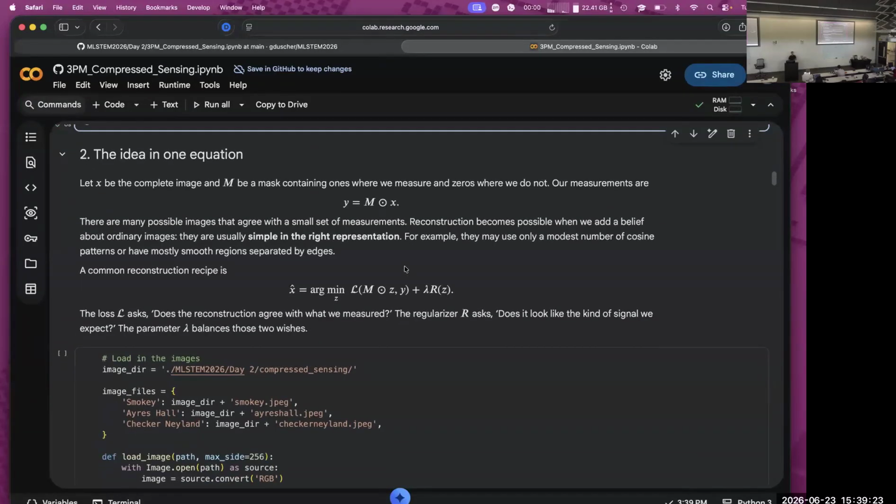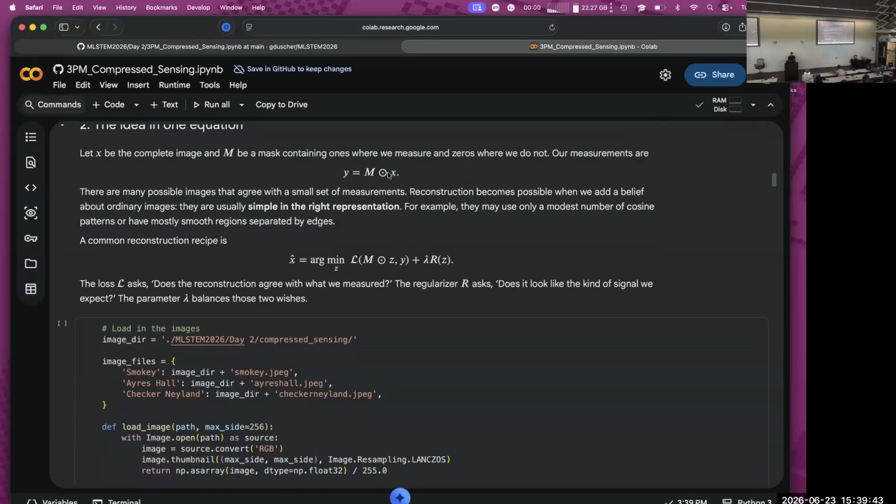So the whole idea of compressed sensing mathematically is wrapped up in just a couple equations, really. You have some measurement, y, that's defined by some ground truth x times some sampling matrix m. And there's a really good visual example of that in a second, but the whole idea is you're trying to reconstruct x only knowing y.